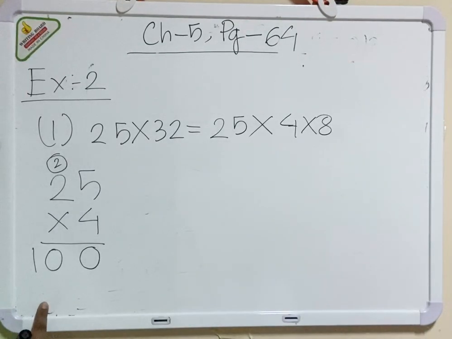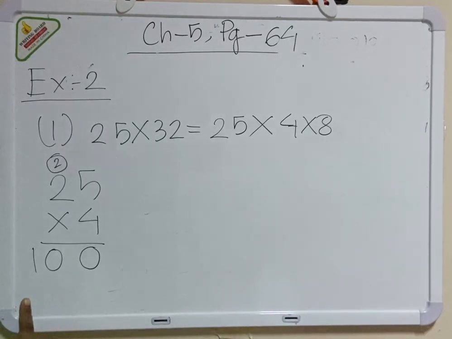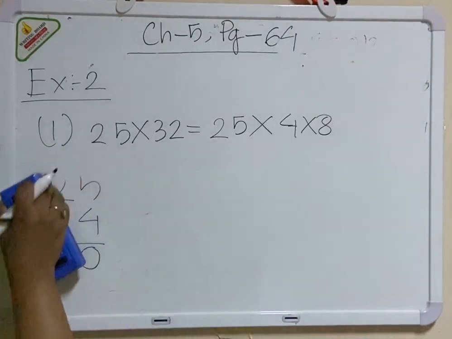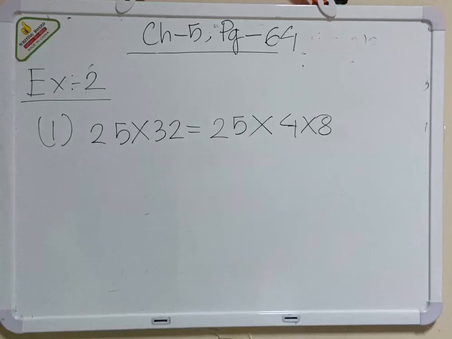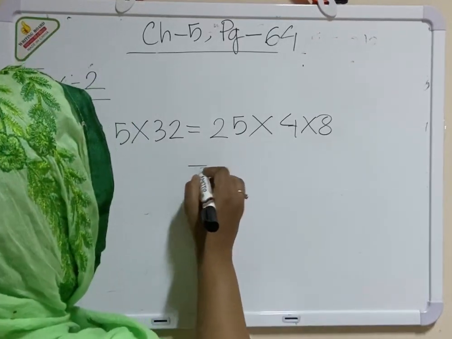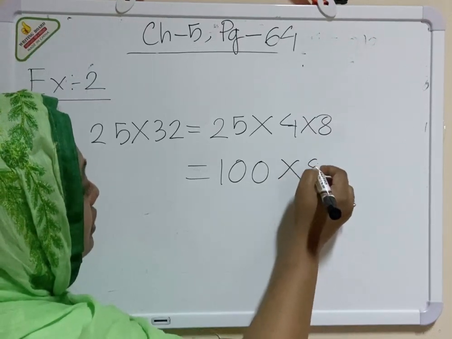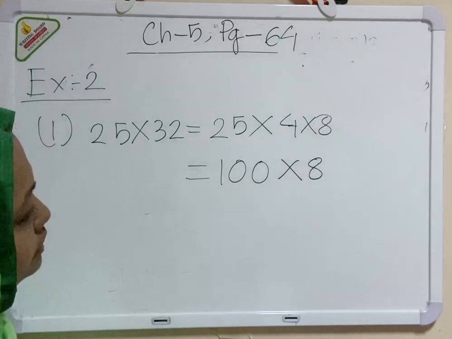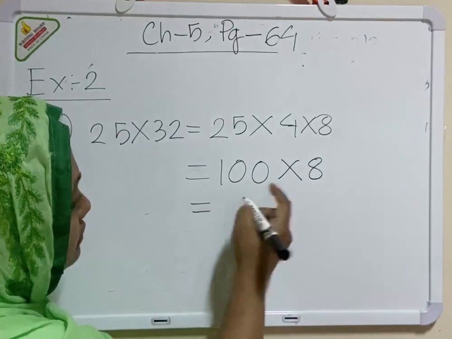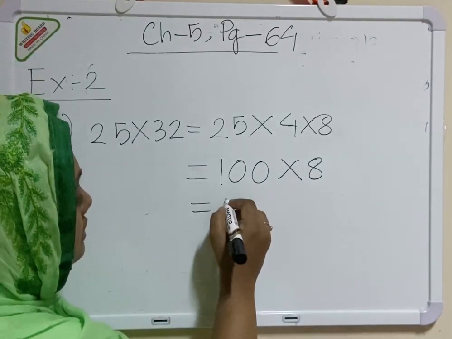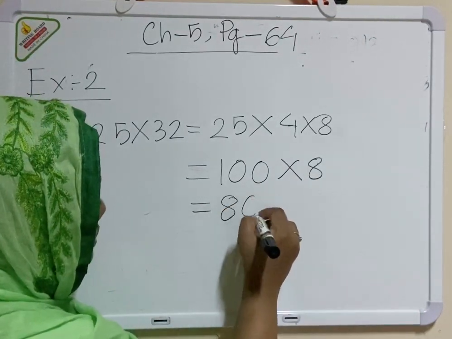So memorize that 25 multiplied by 4 is always 100. So 25 4s are 100, and I already have 8 to multiply more. So from here you can easily write 8 hundreds are 800.